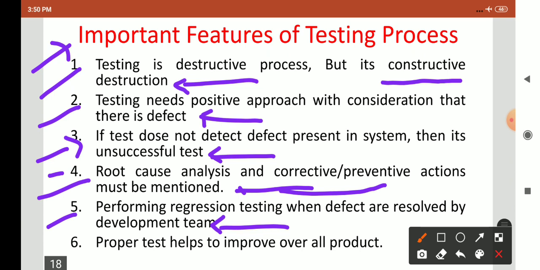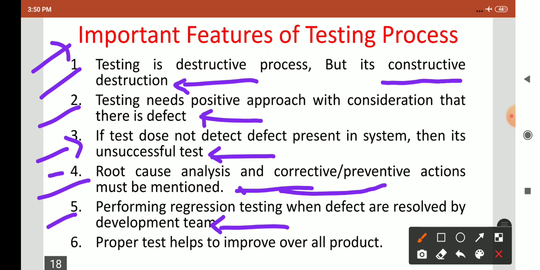Again the developer removes those defects, and the new build is handed over again to the tester for testing.